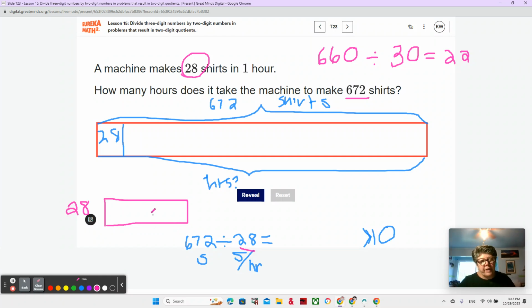All right, now we already know that it's going to be more than 10. So I think of it as taking 10 times 28 out of our number and seeing what we have left. So 10 times 28 is 280, right? Okay, so we got that chunk of 10 out of our 672. All right, you see how that's working?